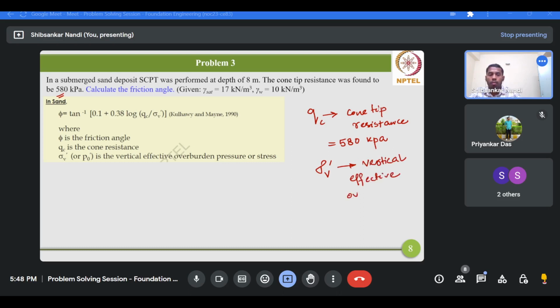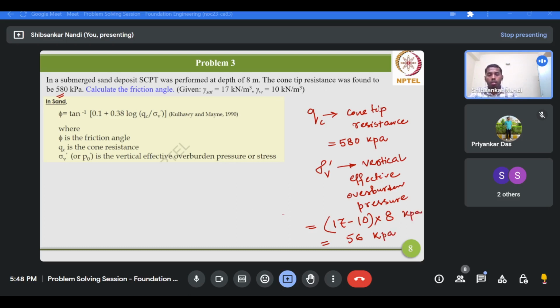The same calculation you have to go for: first total stress, then pore water pressure. I am directly calculating here. Gamma submerged equals gamma sat minus gamma w. So 17 minus 10 multiplied by the depth 8. So 7 into 8, that means 56 kPa.